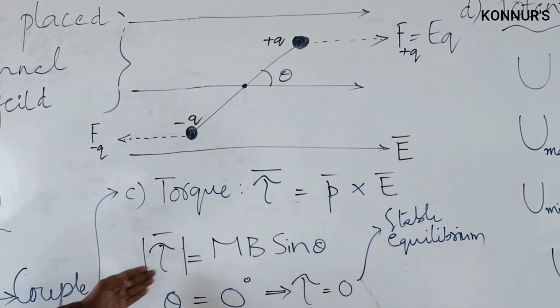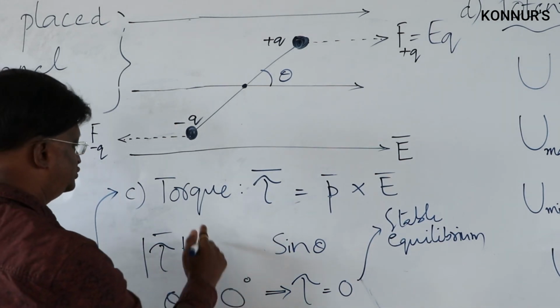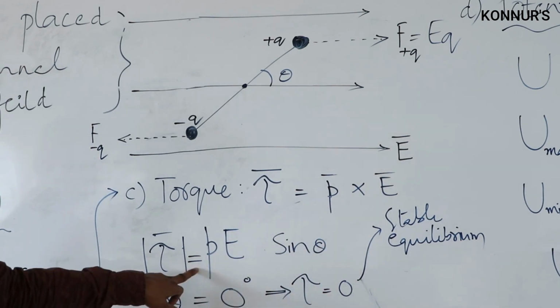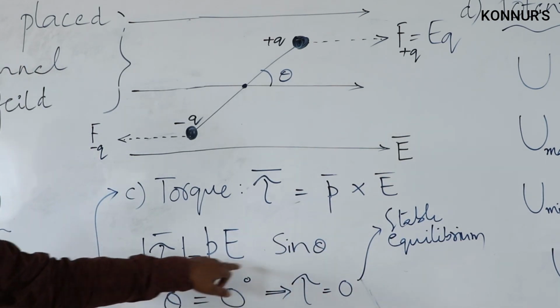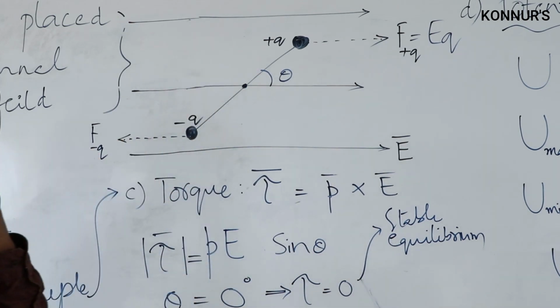Now I am writing the magnitude of the torque, this cross product, which will be equal to P E sin theta: dipole moment, intensity of the external field, and of course theta is the angle between P bar and E bar shown in the figure.